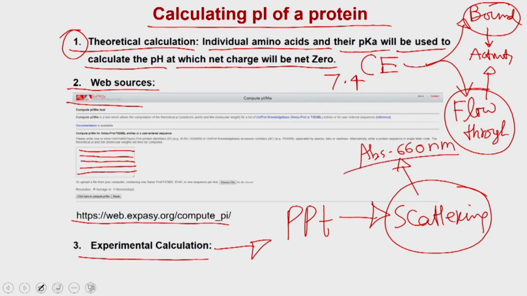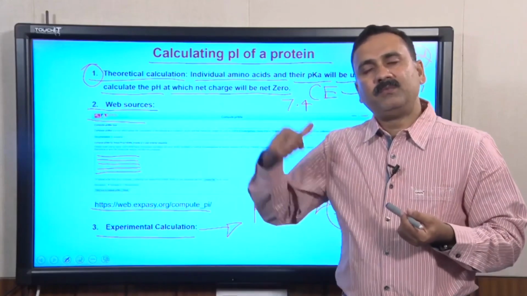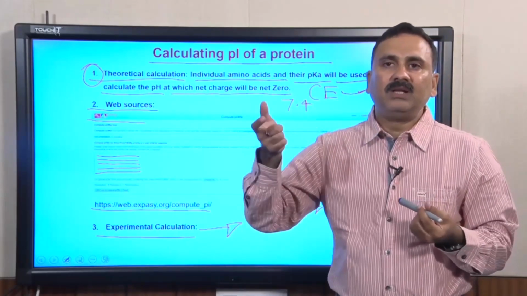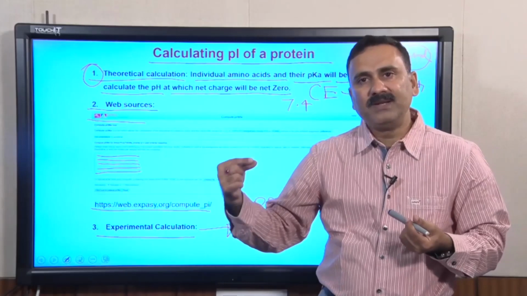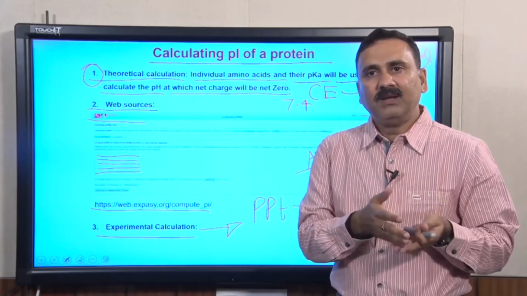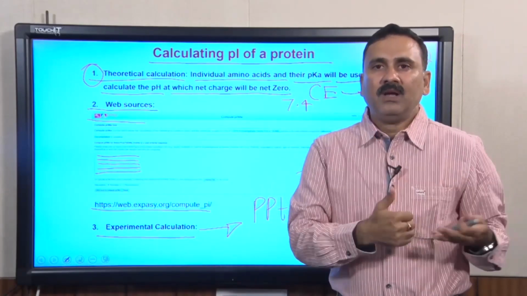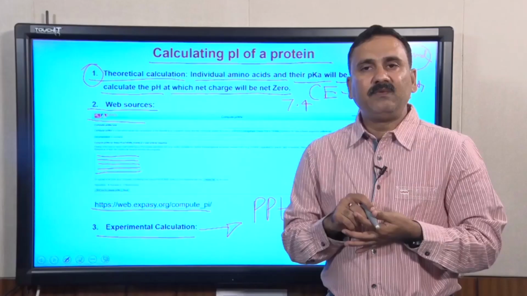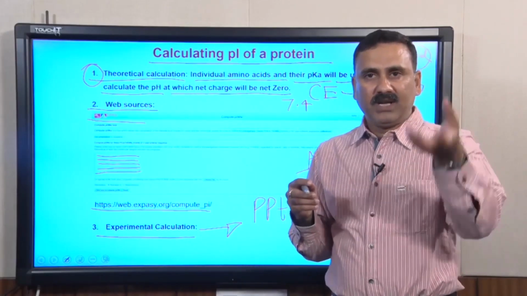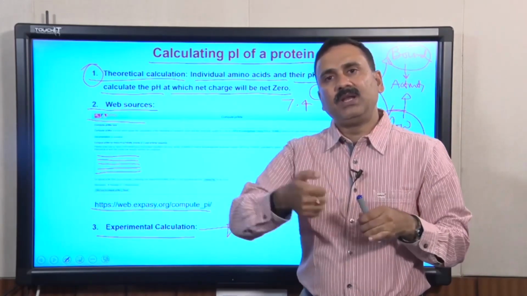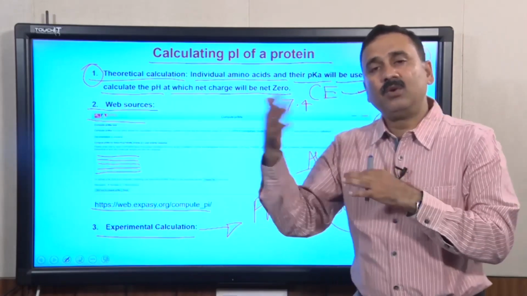If you remember, when we were discussing the counting of bacteria, we discussed this method of counting bacteria simply by taking an absorbance at 660 nanometer. That actually measures the scattering events instead of the absorbance events. So, you take the protein solution, incubate it at different pH, and then record the scattering.